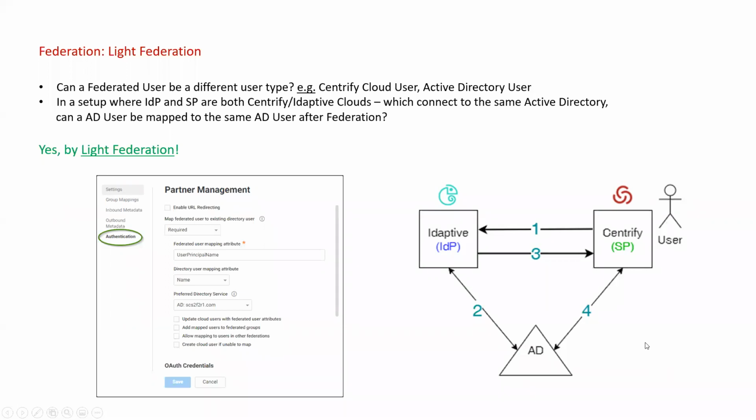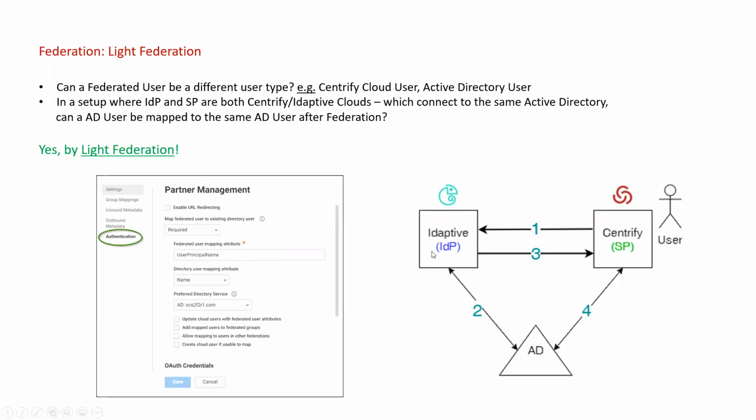Okay. So Terry, I'm a little bit confused. So for this light federation to work, the default account mapping should just work by only the adaptive side, because the partner management is done on the Centrify side, and that's pretty clear as you show.